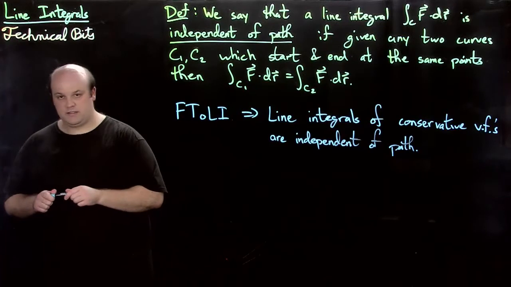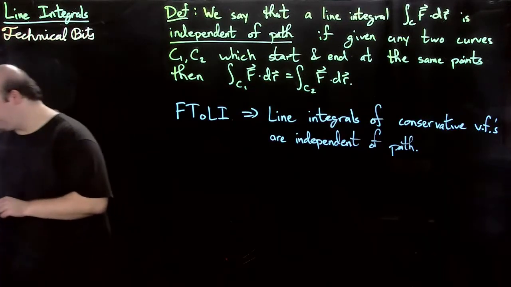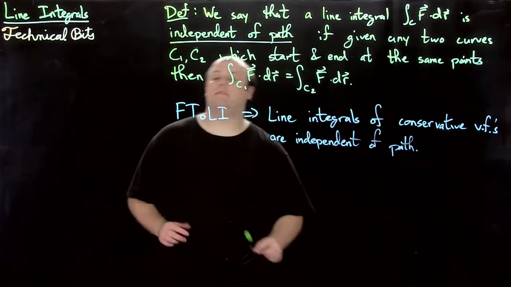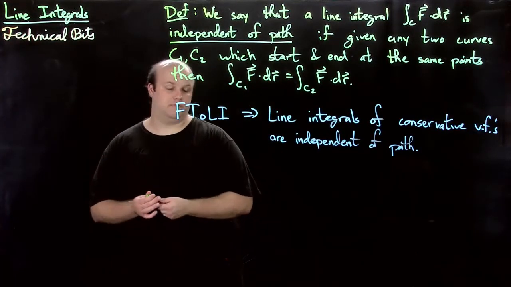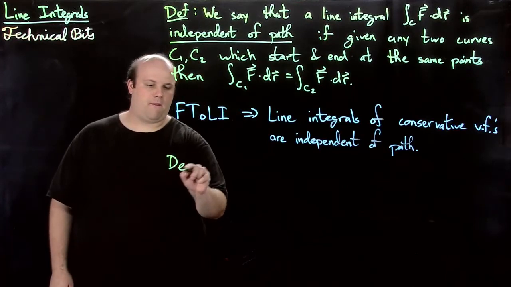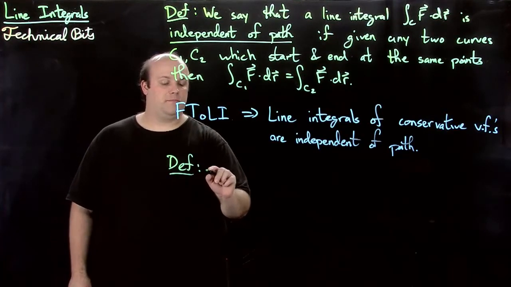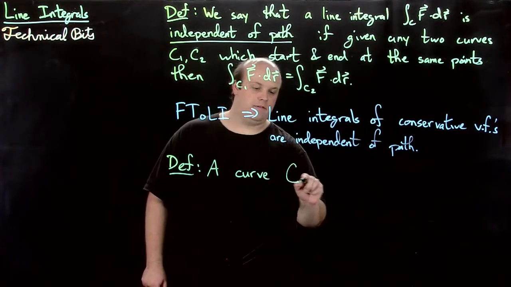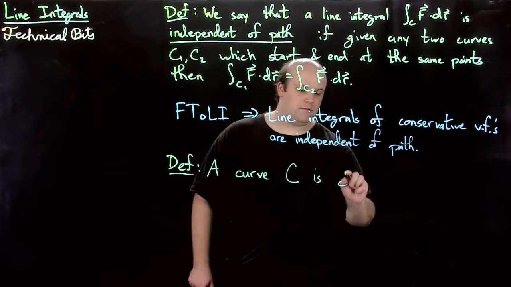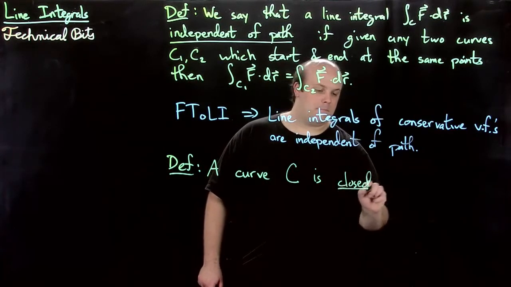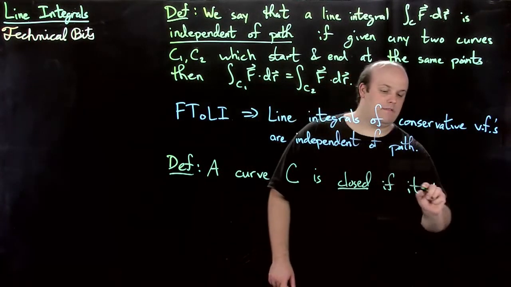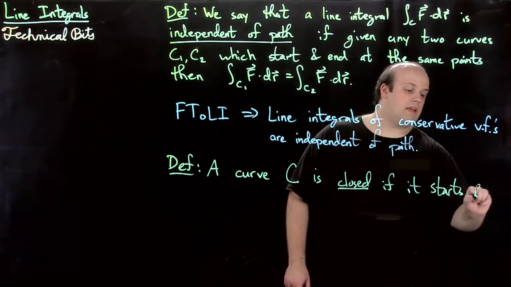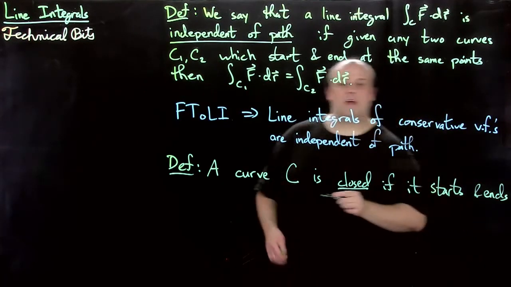First, we need some definitions, though. So what does it mean for a path to be closed? We say a curve C is closed if it starts and ends at the same point.